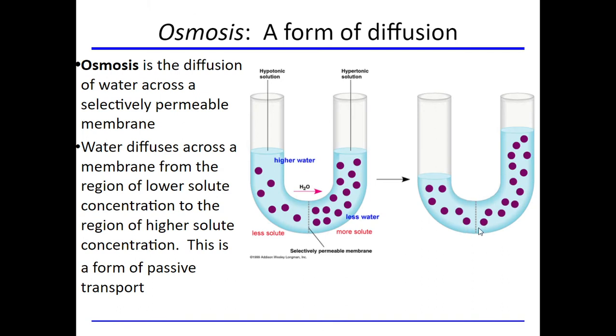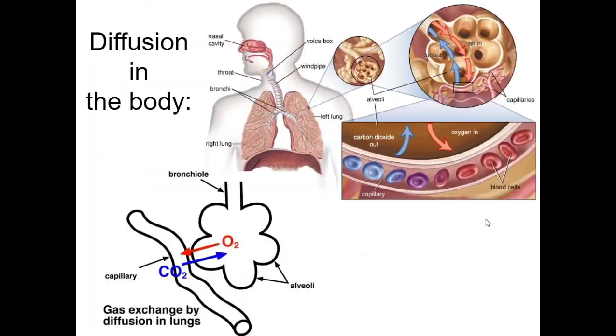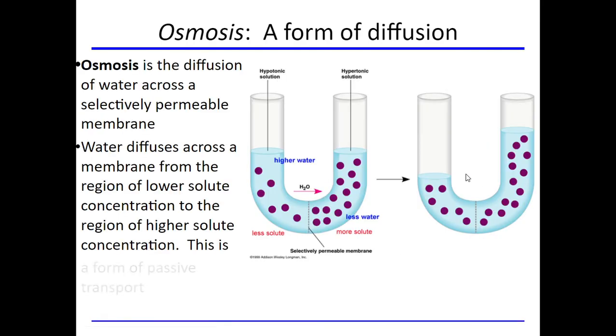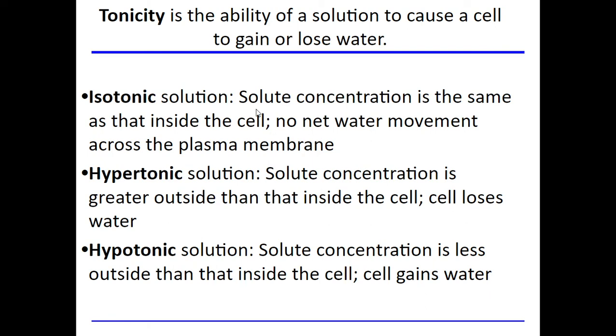This would be isotonic in this sense. The right side of this U pipe is isotonic. We could maybe say that this is isotonic, but again, tonicity is talking more about water, so let's maybe stay away from that. But I can look at this and say that these are both isotonic. This is maybe one whole isotonic solution. Solute concentration is the same as that inside the cell.